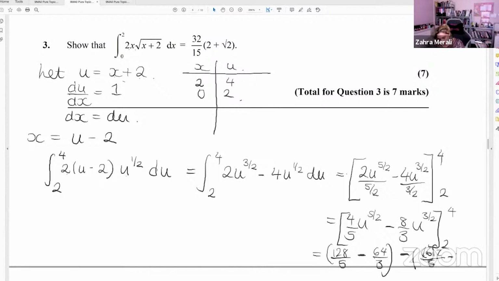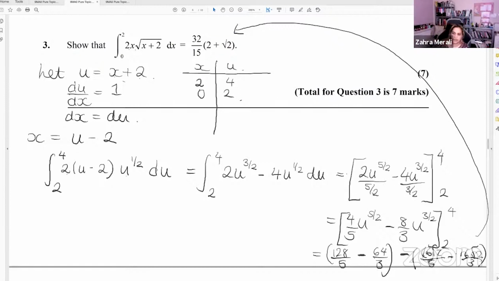And then you plug the 2 in, 16 root 2 over 5, and then you've got 2 cubed, which we know is 8, root 8 times by 8 divided by 3 minus 16 root 2 over 3. And then when you simplify that, you get your answer. So if you take 32 over 15 outside, you just show it's equivalent, and that would be your solution. So that would be using substitution.